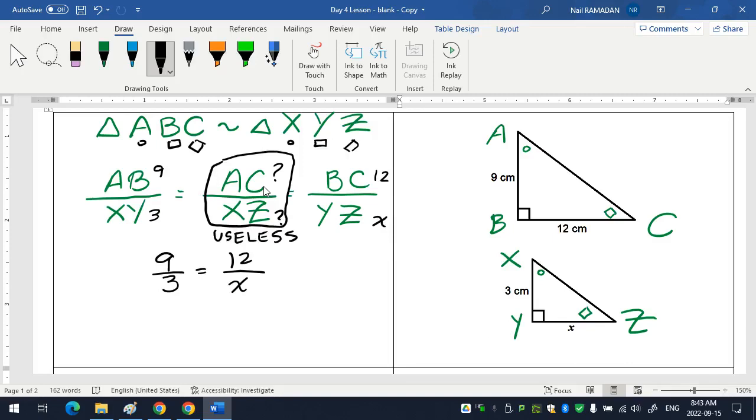I don't care if you take grade 11, grade 12, whoever. There's only one thing to do after that. Who would like to say it? 12 times 9. What do you call that process? Crisscrossing or cross multiplying. Perfect.